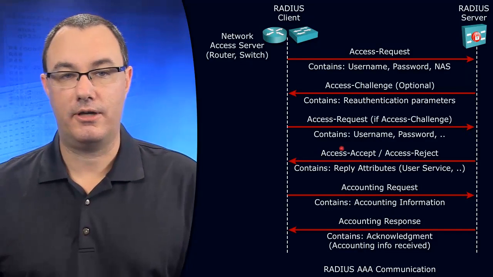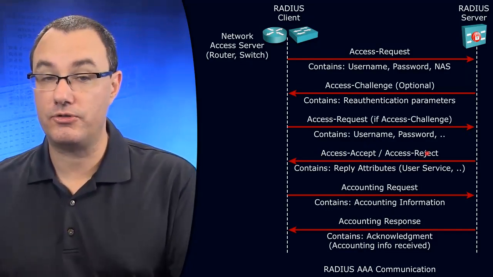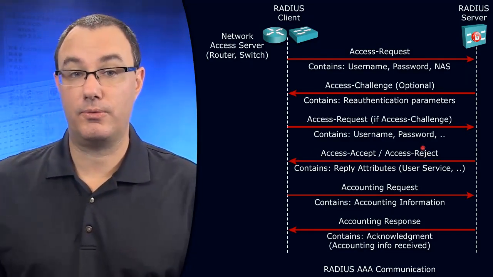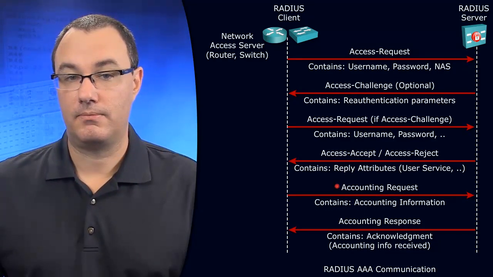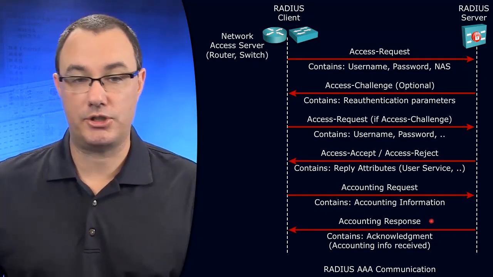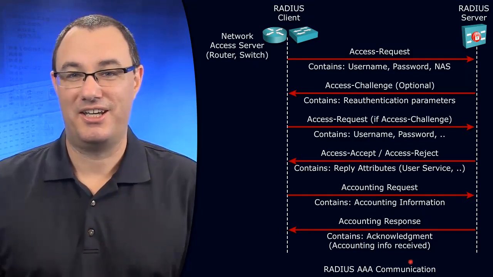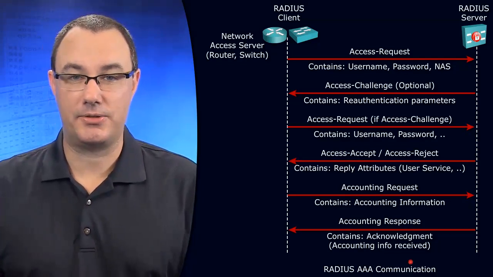Then we get access accept or reject. So we relayed credentials, and we might get acceptance or rejection. Then, an accounting request, and you get accounting information as well, and then you're done. So that's a moment in the life of some Radius communication.